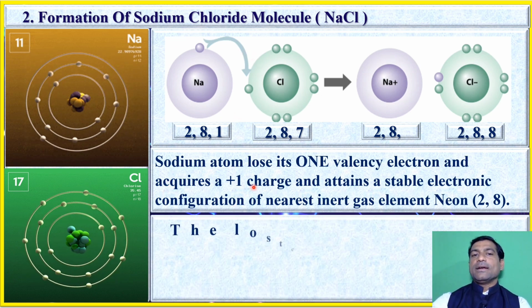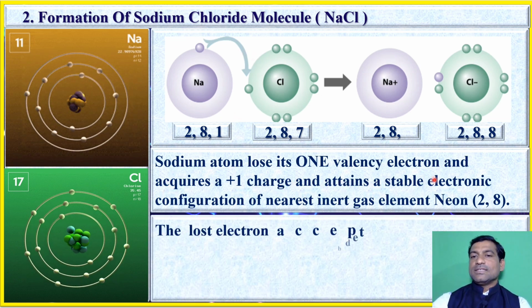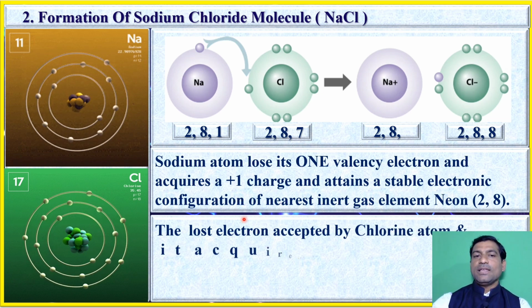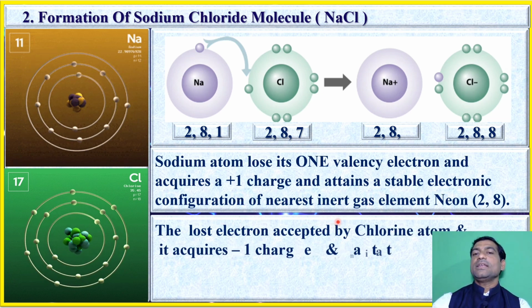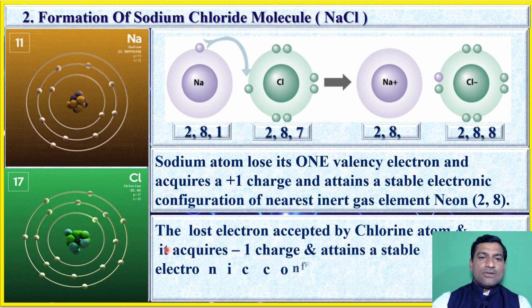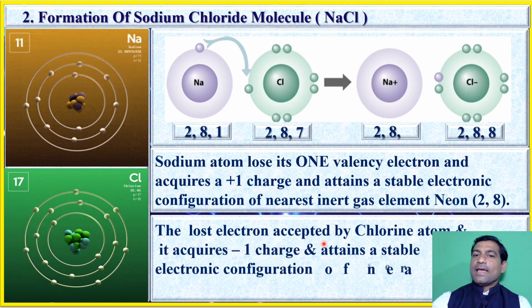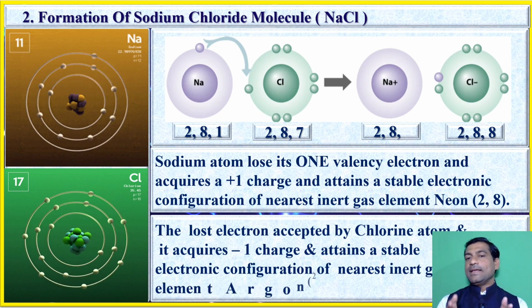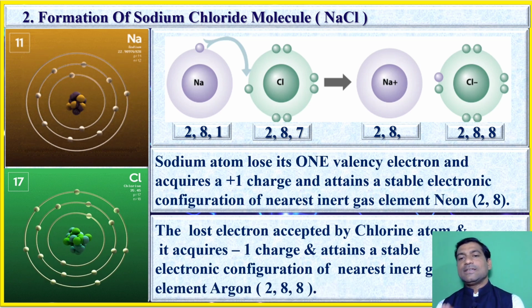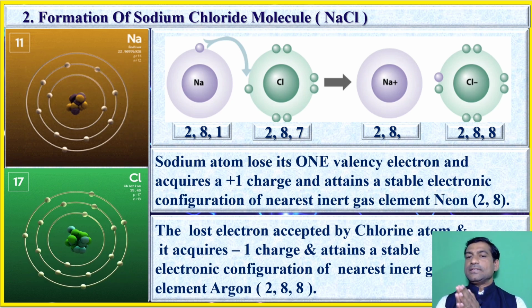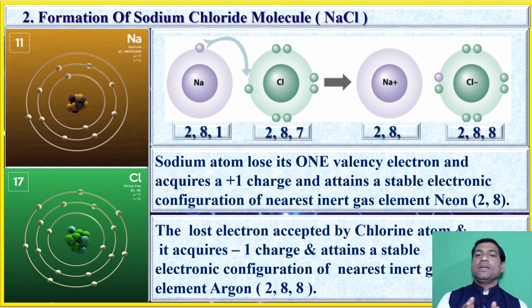Here the sodium atom loses its one valency electron and acquires a positive charge and attains the stable electronic configuration of the nearest inert gas element, that is neon. And second, the lost electron is accepted by the chlorine atom and it acquires a negative charge and attains the stable electronic configuration of the nearest inert gas element argon.